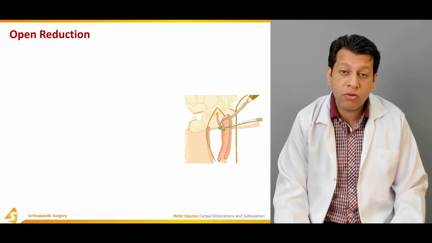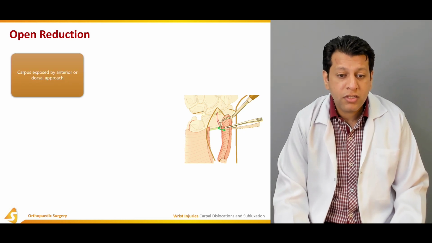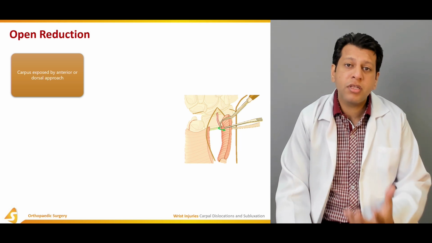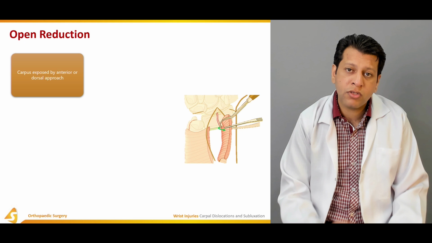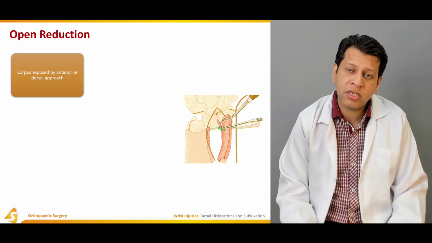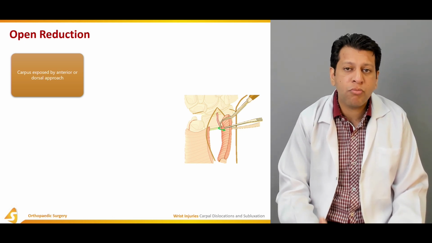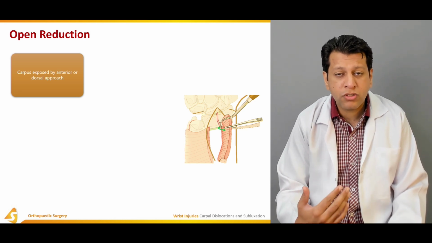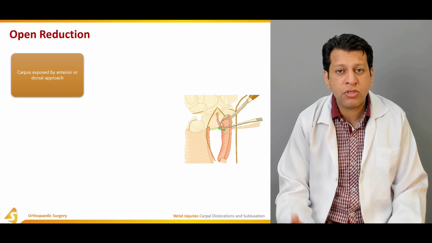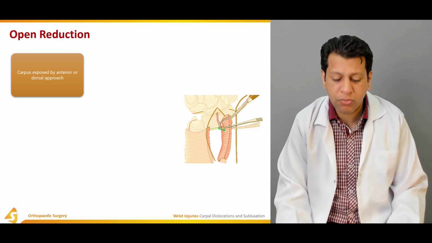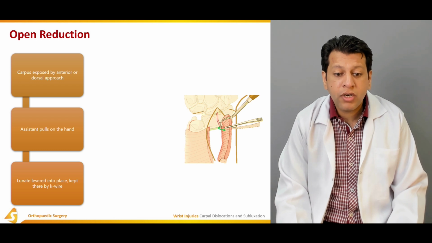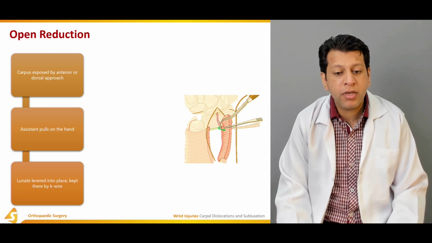If a closed reduction fails, then we have to go for open reduction. The carpus is exposed by an anterior or dorsal approach. But now there is a catch over here. Some books say if it is a volarly displaced perilunate dislocation, then you open it through the volar side. But most commonly it is a dorsally displaced dislocation, so it is opened through the dorsal approach. The assistant pulls on the hand and the lunate is levered into place and kept there by a K-wire.